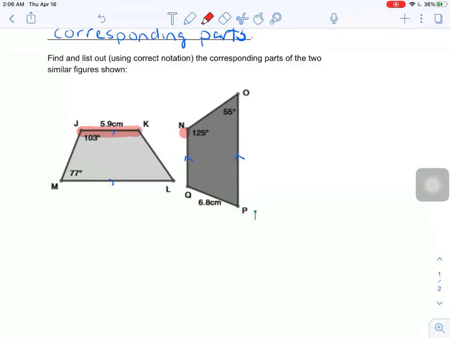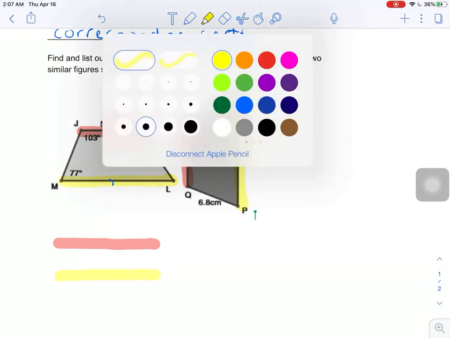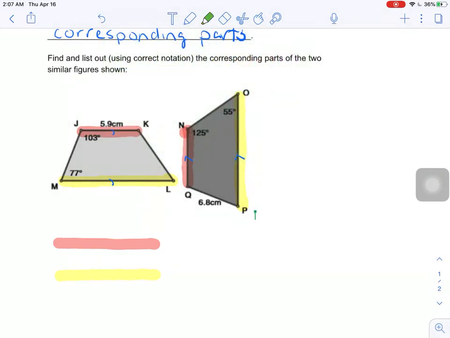So we have short side matches with short side. We'll list those out in just a moment. And then we have this longer side that's parallel to that, which is going to match with the longer parallel side in the other shape. Now we have a shorter side that goes from the red side to the yellow side, and then a more stretched out longer side.